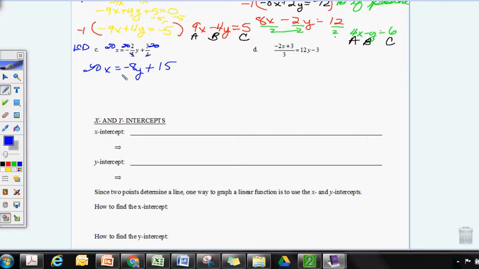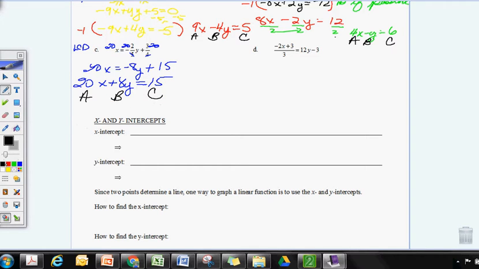Now move the 8y over. 20x plus 8y is going to equal 15. There is no number that 20 and 15 reduce by, so my a value is 20, my b value is 8, and my c value is 15.